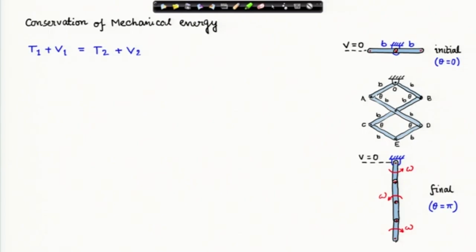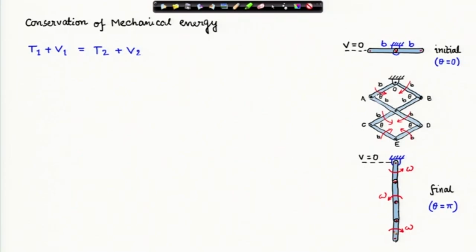Here in state 3, I have shown the direction of angular velocities of some of the links. These links will rotate like this in opposite direction. This is going to rotate like this. I have shown some of these omegas in the third state.